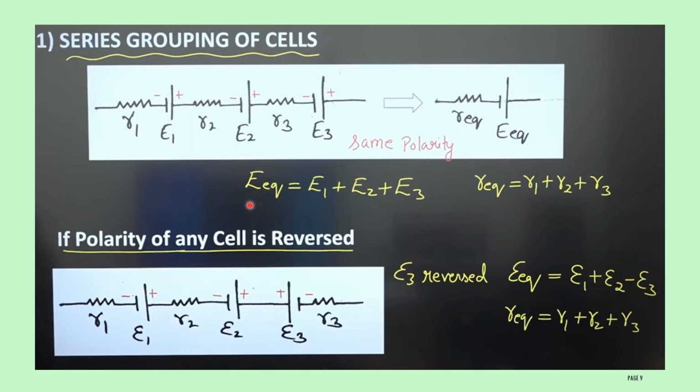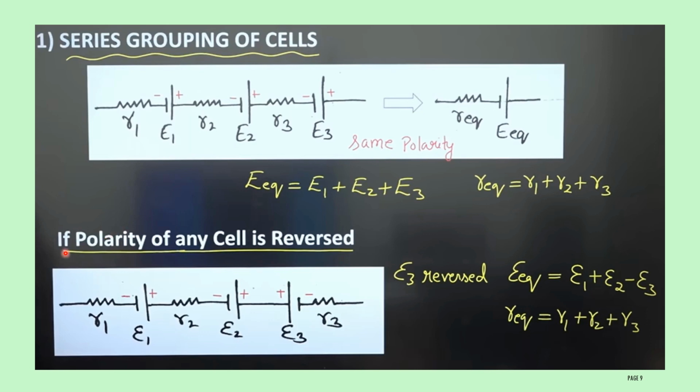These formulas are valid only when the cells are arranged in series. E equivalent is equal to E1 plus E2 plus E3. R equivalent is equal to R1 plus R2 plus R3.